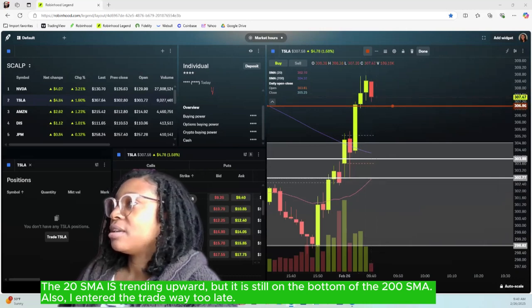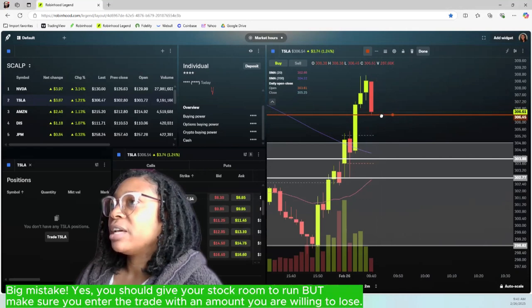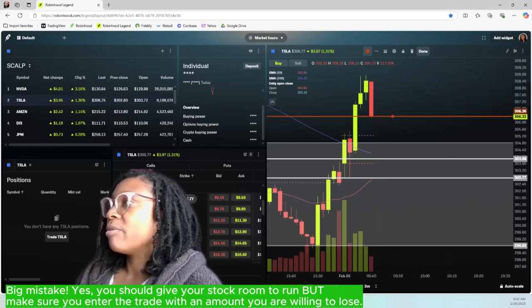So we shall see how this plays out. But my job is, if it doesn't work out the way I thought it was supposed to, then I exit the trade. Right there, you see how it's coming down to my line? I can move it down just a smidge. If I had a stop loss, that would have taken me out of the trade. So that's why I do it manually.